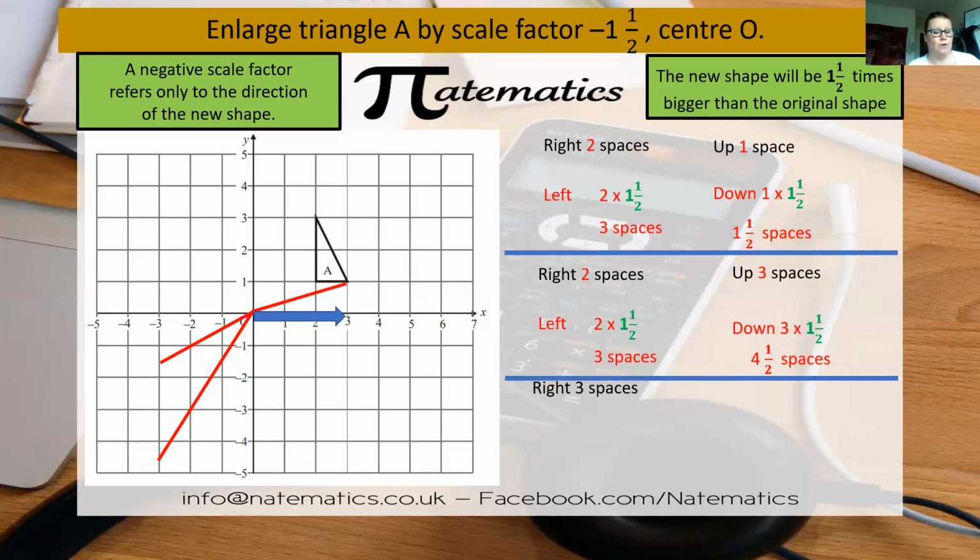So therefore we're going to go left 4.5 spaces. And then we've gone up 1 space. So therefore for the new transformed shape, it's going to go down 1 lot of 1.5 spaces, which is 1.5. So therefore that is where our 3 corners of this triangle are going to be plotted.